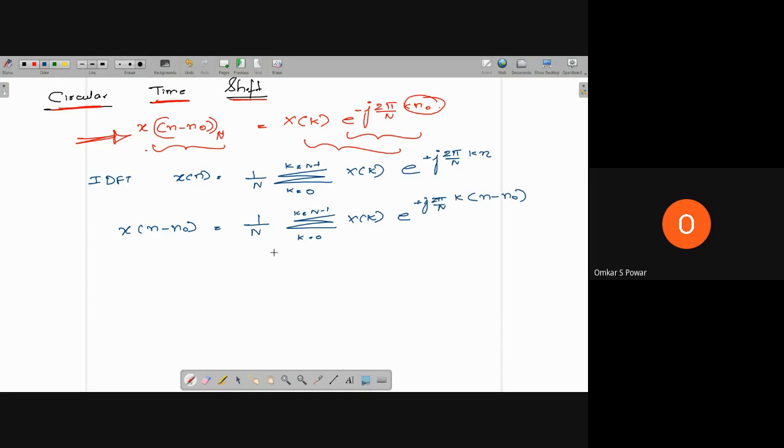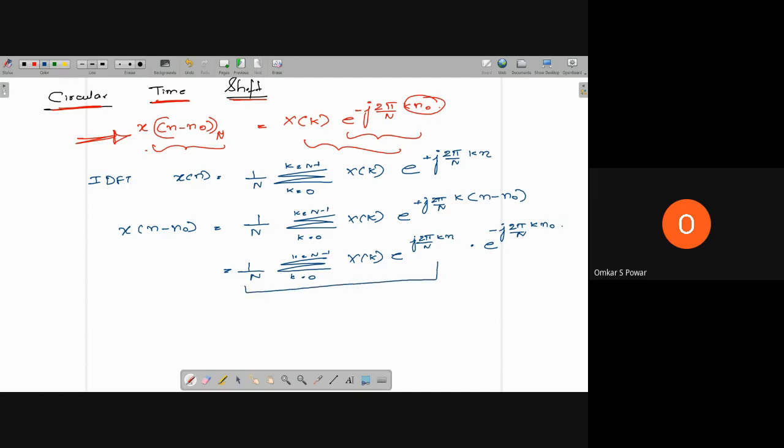So now what you have to do? Expansion. So summation k varies from 0 to n minus 1 x of k e power j 2 pi by n k into n, into e power minus j 2 pi by n k into n naught. So it's a power m plus n, a power m into a power n. All the same thing.